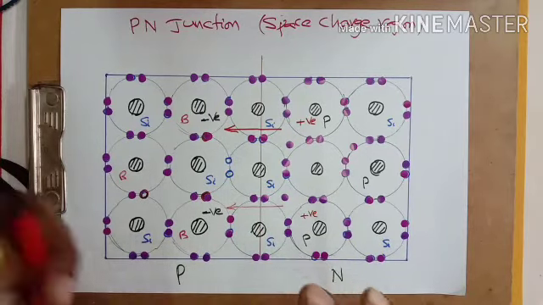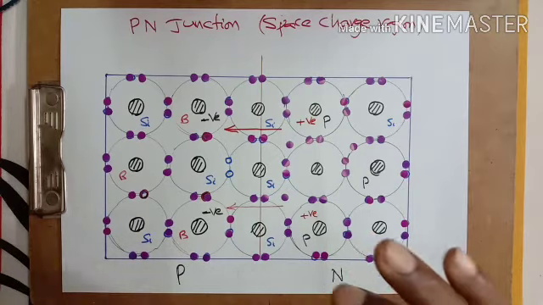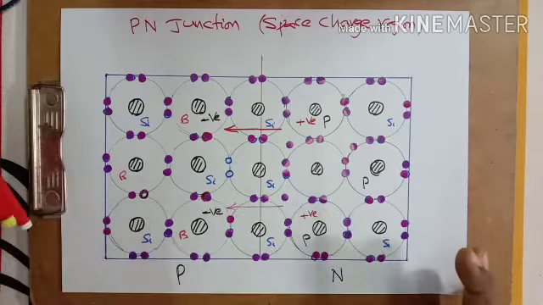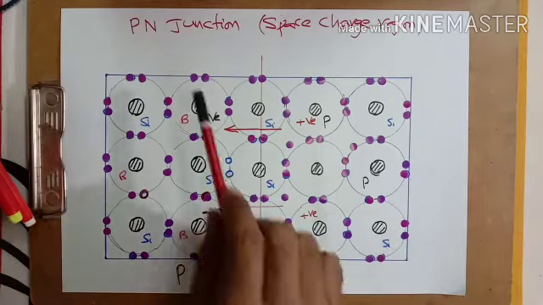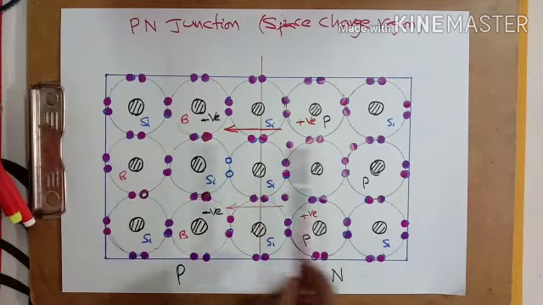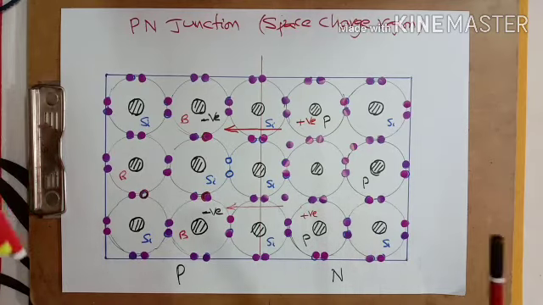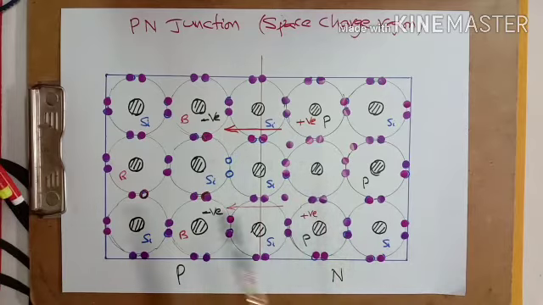The electric field will keep on developing up to the level where the diffusion current is balanced with the drift current. At this moment, the net current has to be 0. There is no net current through this slab because there is no applied external potential.